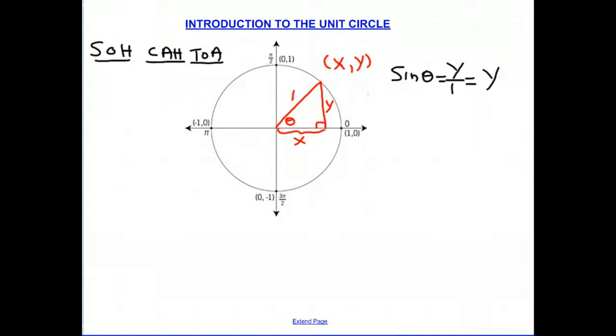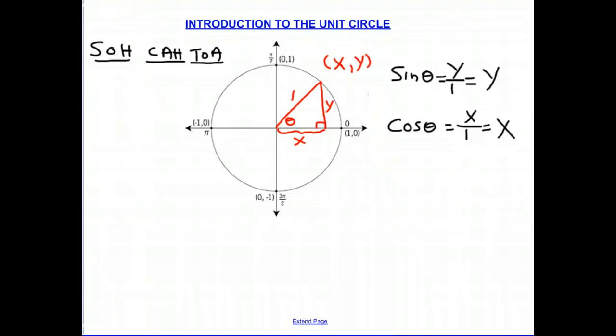And also, if we notice the cosine of theta is equal to adjacent over hypotenuse, and that would be our x over 1, which is x. Well, this is a very interesting result, because we notice that our x value is really just the cosine of theta in a unit circle.